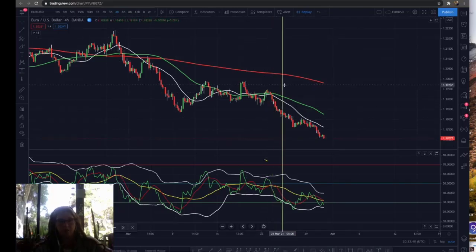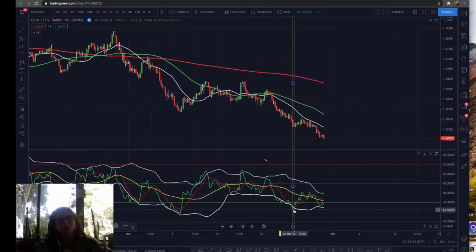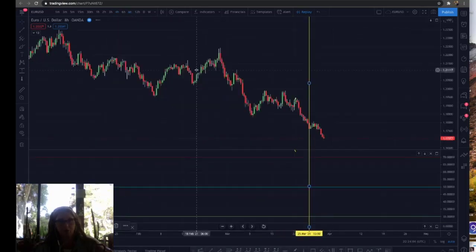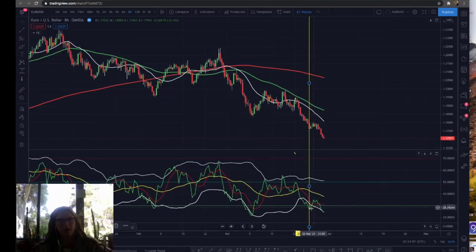It comes to the bottom of the band and it starts poking out. You have an option to exit or move up a time frame. You move up a time frame and the 8 hour is clearly sticking out.